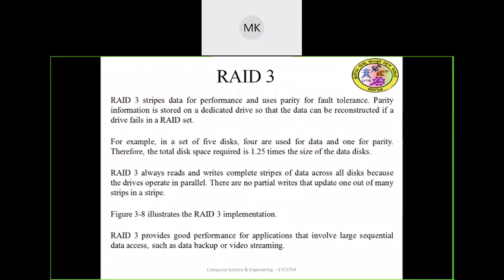Therefore, the total disk space required is 1.25 times the size of the data disks. RAID 3 always reads and writes complete stripes of data across all the disks because the drives operate in parallel. There are no partial writes that update one out of many strips. Figure 3.8 illustrates the RAID 3 implementation.